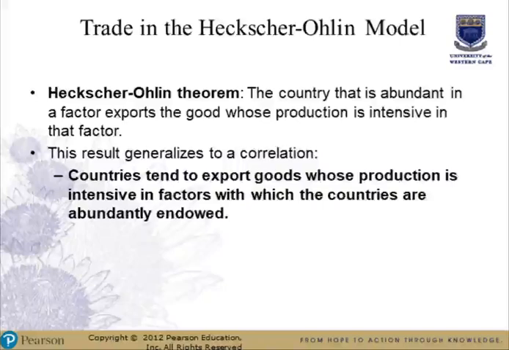This theorem can be extended in a realistic case with many countries, many factors of production, and a number of goods as a corollary. That is, countries tend to export goods whose production intensively uses the factor of production with which the country is abundantly endowed.